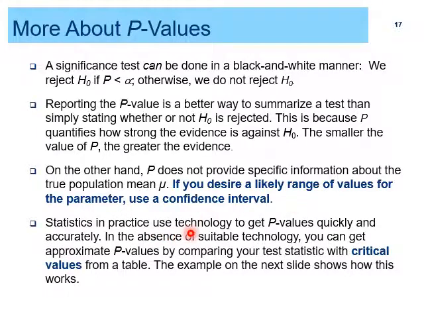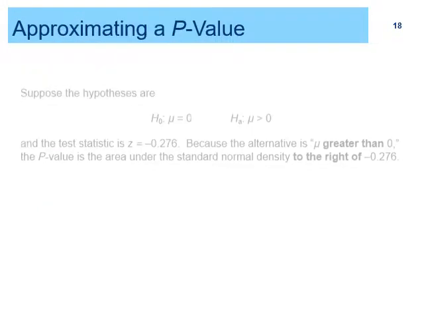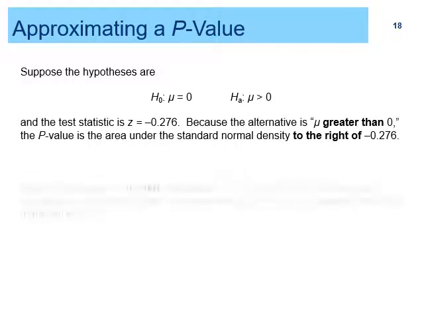In practice, statisticians use technology to get p-values quickly and accurately. In the absence of suitable technology, you can get approximate p-values by comparing your test statistic with critical values from a table. The example on the next slide shows how this works. So now, approximating a p-value.